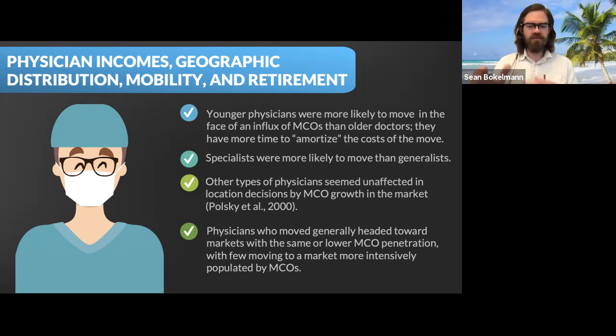So when physicians did move, they moved to areas where there were fewer MCOs, or at least the same amount of MCOs. They tended not to move towards cities where there were more MCOs, which makes sense, right? If MCOs are the cause of these changes that are causing them to move, then it's very likely that they're going to move to a place where there are fewer of these types of insurance groups.